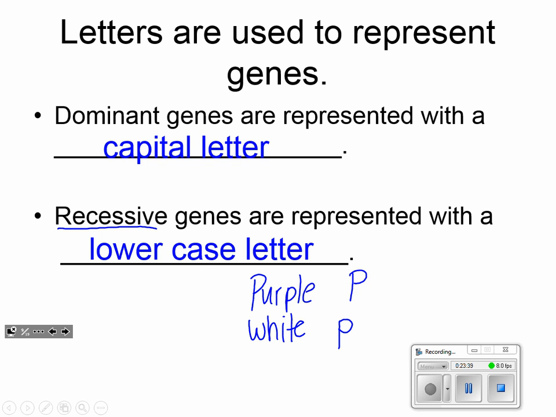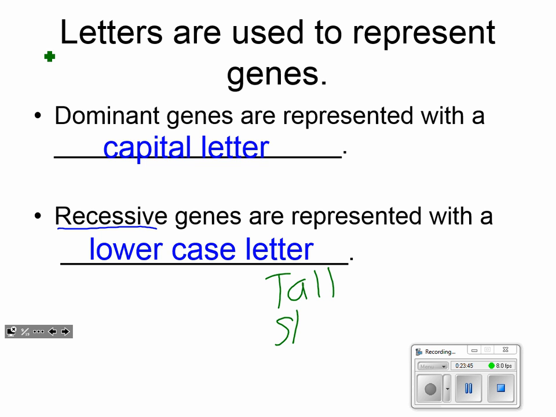Let's do another example so you get the idea, because I think I confused you. All right, what about tall and short? If we're giving a tall gene to somebody, tall is dominant, short is recessive. What letter, Devin, represents tall? What is dominant going to be, capital or lowercase? Good, so if I'm tall, what letter am I going to be?